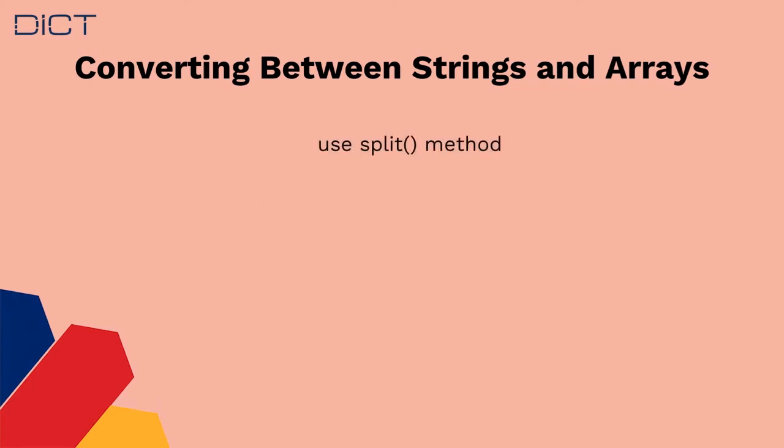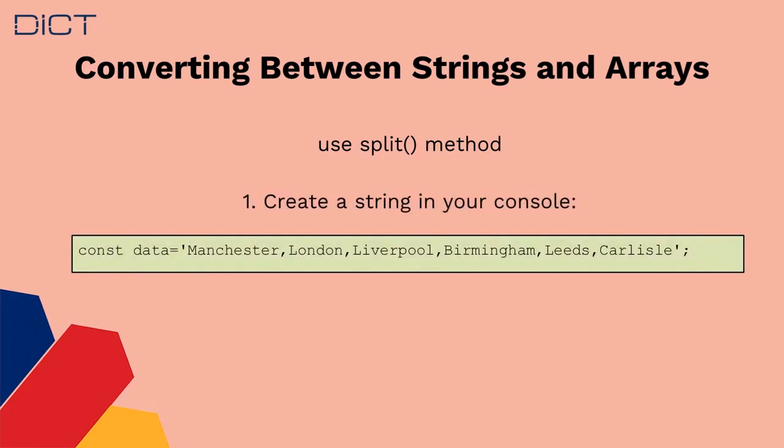In its simplest form, this takes a single parameter, the character you want to separate the string at, and returns the substrings between the separator as items in an array. Let's play with this. To see how it works, we first create a string in the console. We will use the console tab of the developer tools to test this code.